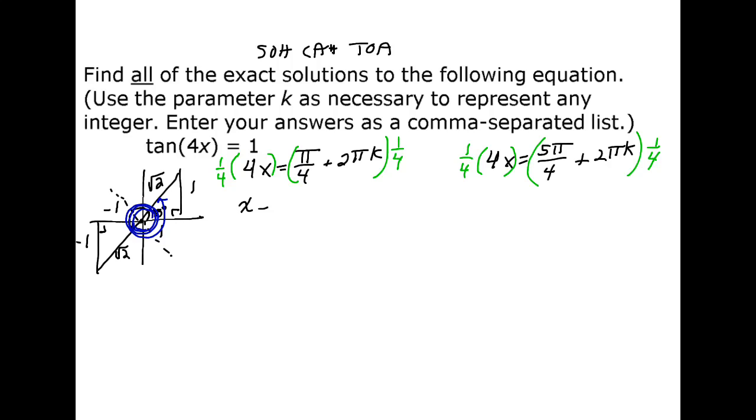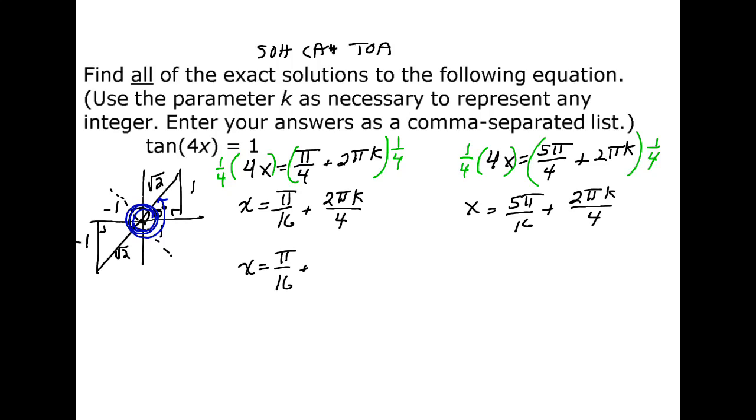So we have x equals pi over 16 plus 2 pi k over 4, and x equals 5 pi over 16 plus 2 pi k over 4. So those second terms reduce. So x is pi over 16 plus pi over 2 k, or 5 pi over 16 plus pi over 2 k.